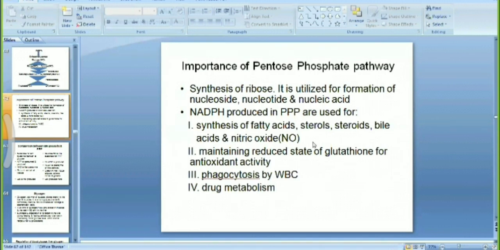The main byproducts are ribose and NADPH. They are used for production of these important biomolecules for which the body is very dependent on this pathway.